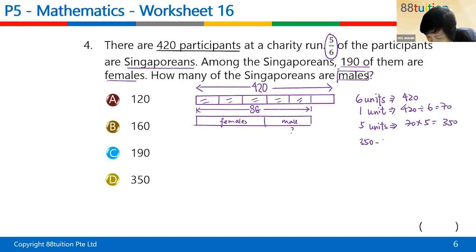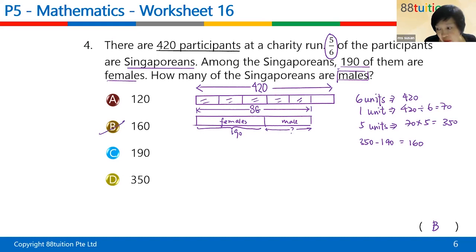One is for the female, 190. So I'm going to write 190 here, okay? So what is the thing here you must minus? And you get down to 160, which is the answer for B.